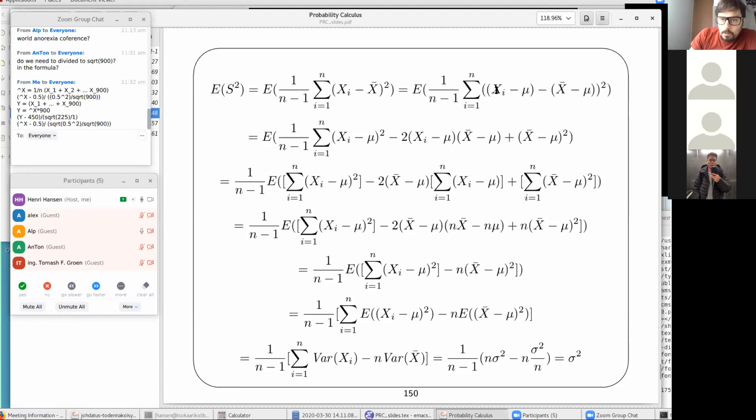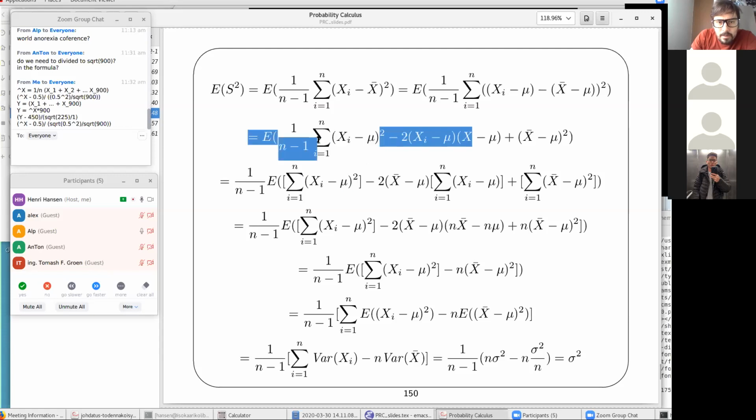Then we multiply this thing here wide open. We blow it open. So there's this xi minus mu, minus 2 times xi minus mu. There should be parentheses here to denote that everything is being summed, plus x bar minus mu. So I rewrite this again.